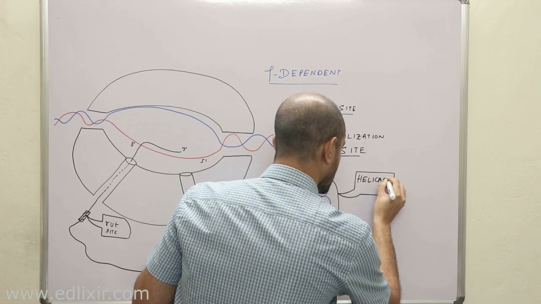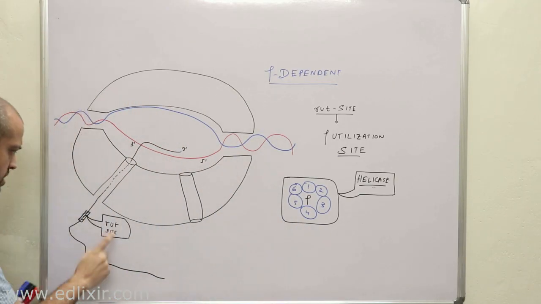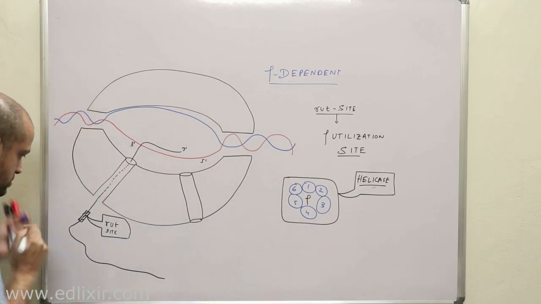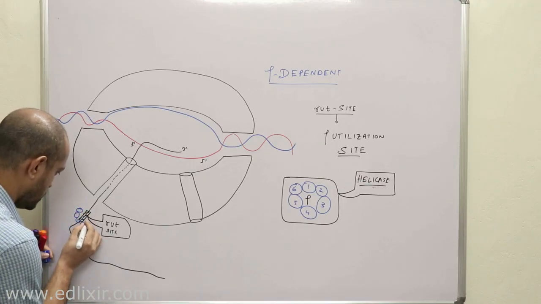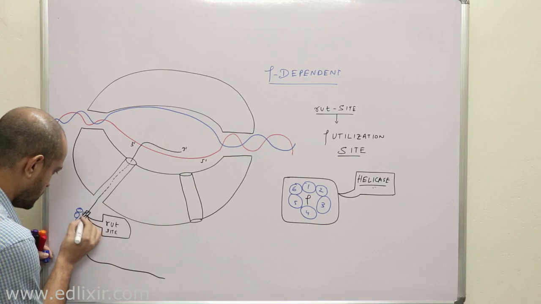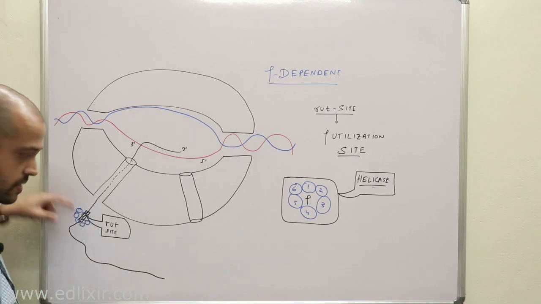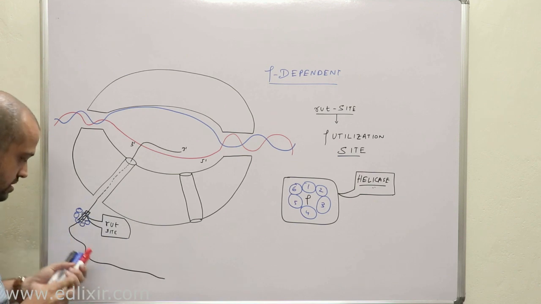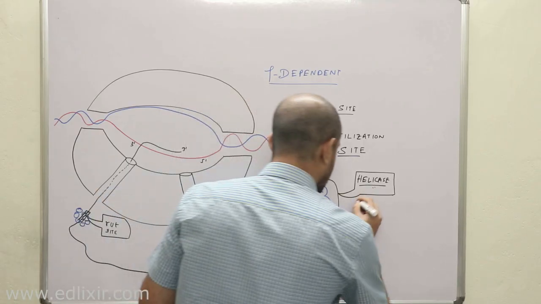Now this Rho protein binds with the RUT site. After binding with the RUT site, this helicase utilizes ATP.